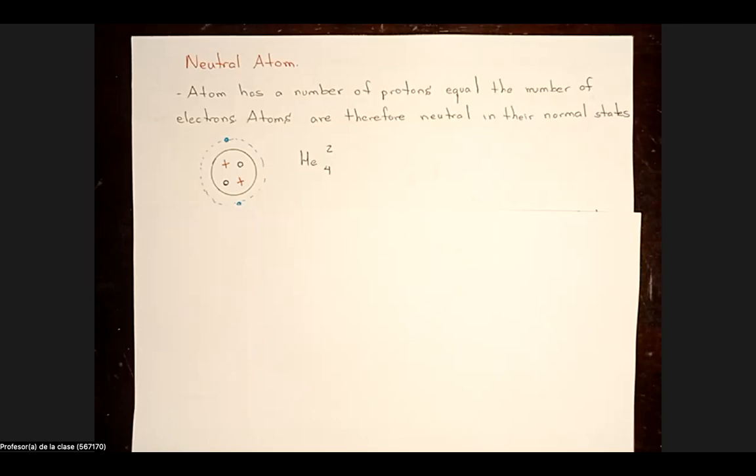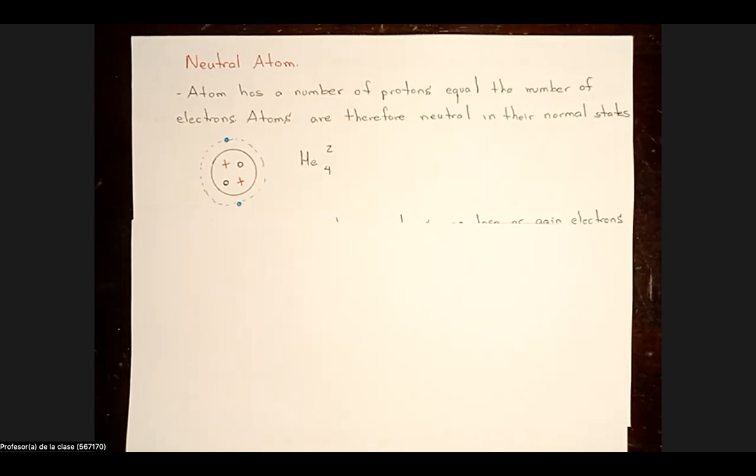For example, helium. Analyzing the information that I give to you, helium has two protons inside the nucleus. That is the atomic number.